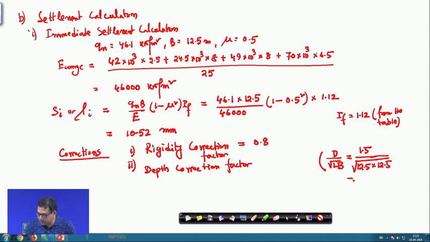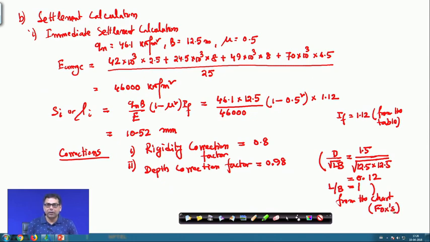So, this value is 0.12, and corresponding L by B equal to 1, this factor is equal to 0.98 from the Fox chart. Okay. So, from the Fox chart I am getting the depth correction as 0.98.